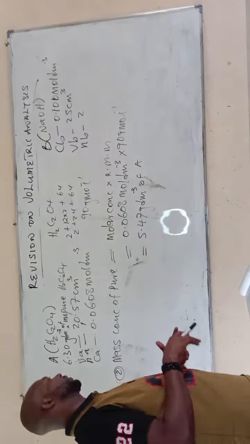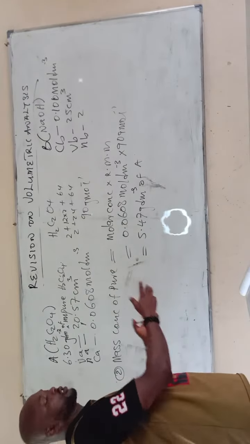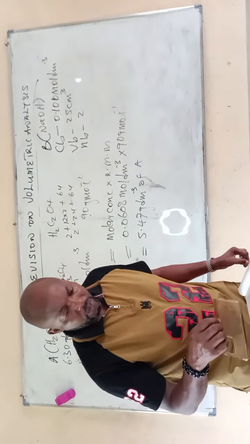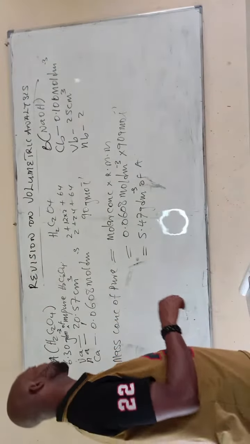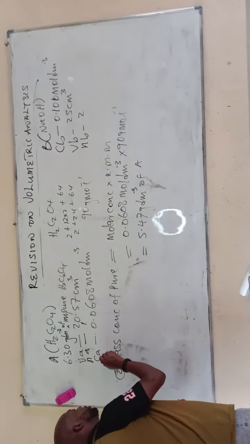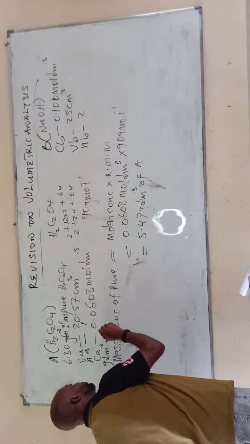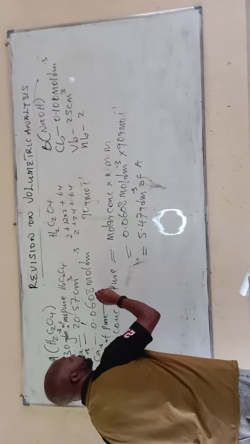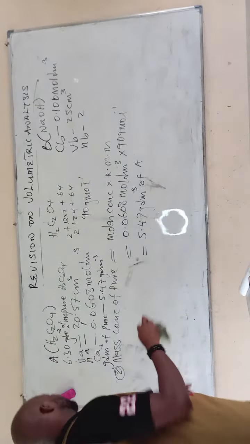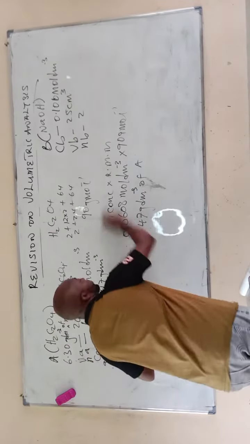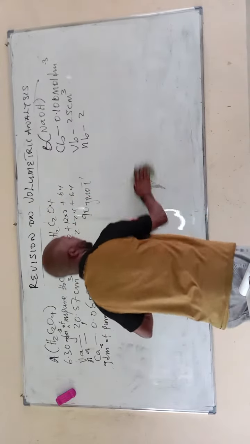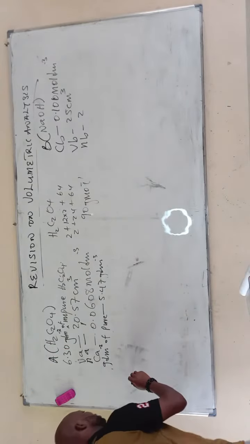Then we proceed. Now the next one is to get the percentage purity. So let me call this g/dm³ of pure 5.47. So I'm going to take this out so that we can calculate the percentage purity. Now, the last question.